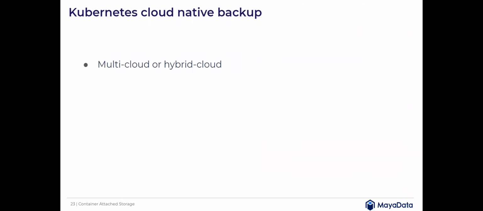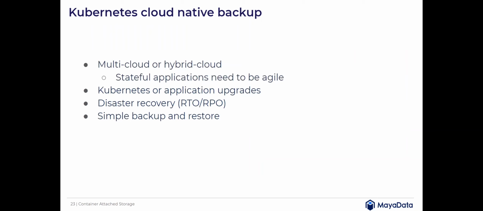And from here, let me go over these use cases very quickly, and then I will ask Vita to help me explain some of them. On Kubernetes, especially with the cloud native way of taking backups, we see a couple of use cases. Multi-cloud and hybrid cloud are increasing, and stateful applications need to be agile in these environments as well.